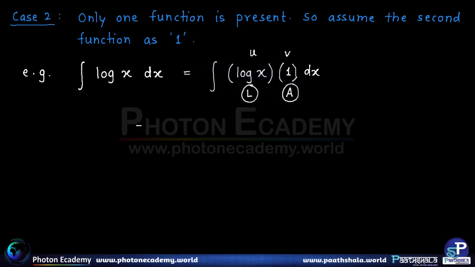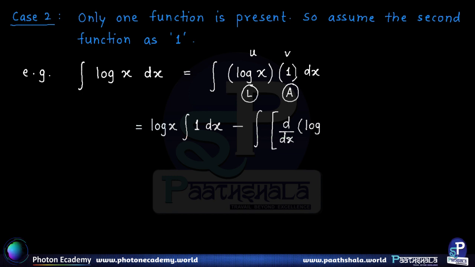So solving that, we have log x into the integral of 1 minus the integral of, inside we have the derivative of the first function, that is the derivative of log x, into the integral of the second function, and everything integrated at the end with respect to x.